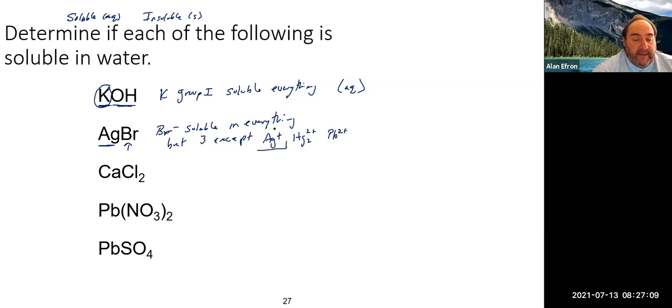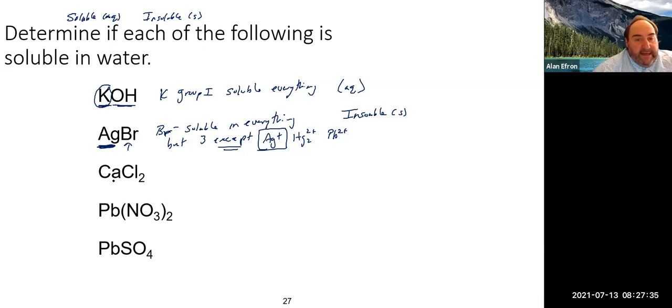In this case, that is definitely the exception. So although it is normally soluble in everything except for those 3, because it is an exception, this would be insoluble and would be a solid in this particular case. Any questions on that?